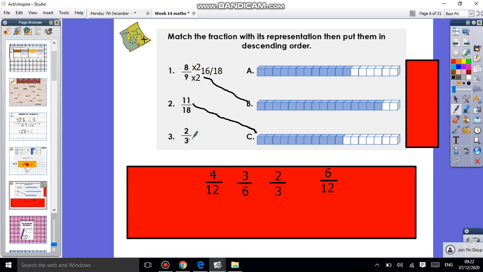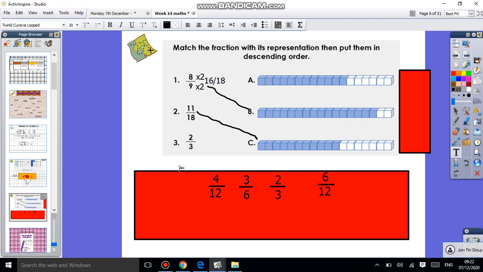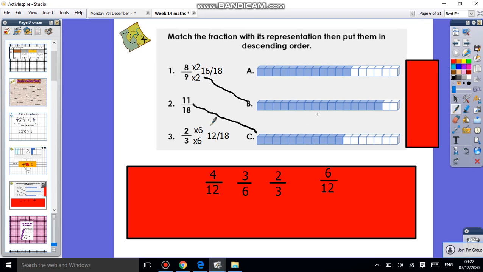This one, to get from 3 to 18, I have to times by 6. And that means I also have to do 2 times 6. Which means 2/3 is the same as 12/18ths. And A does show 12/18ths, so that would go there.